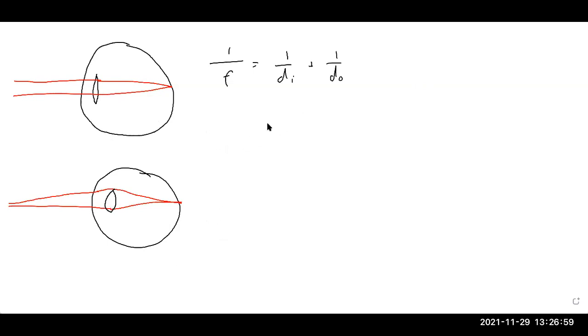If you wanted to correct for nearsightedness and farsightedness, so if you had an eye like this, that's good at seeing things which are close but not far away, its focusing power is too high. You can put a diverging or negative focal length lens in front of it.